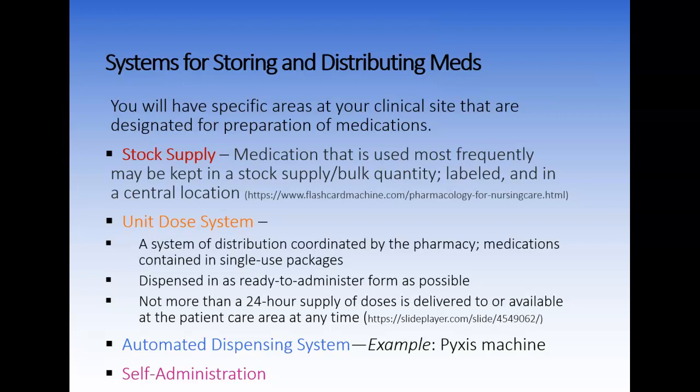And that's supplied as well. Usually it's delivered about every 24 hours. An example of that, if you've used the Pyxis, those are all unit doses, individually supplied. Depending on where you are, it would either be attached to the patient before you go there, or in an operating room, for instance, not attached to a patient until you give it.